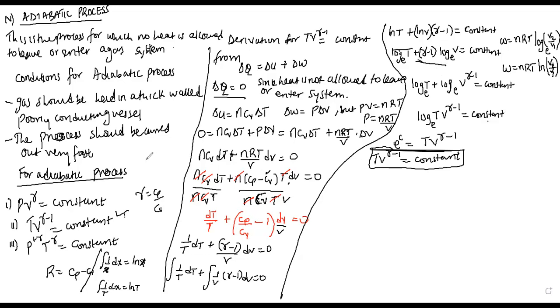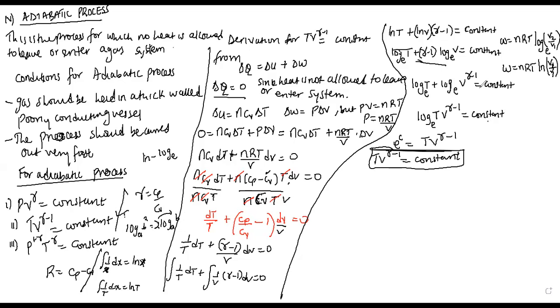Yeah. ln is the same as log to base e. We just summarize log to base e as ln. From logarithms, if I have log of a to the power b, the power can come forward, and likewise it can go back.